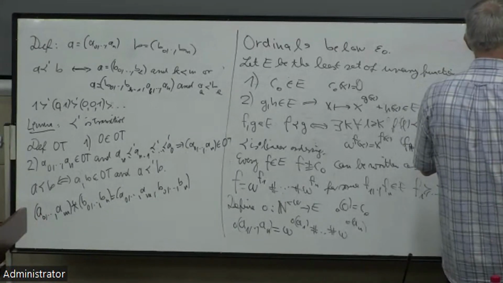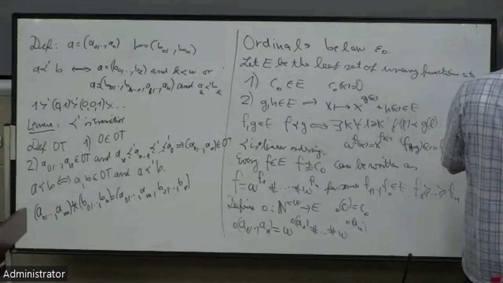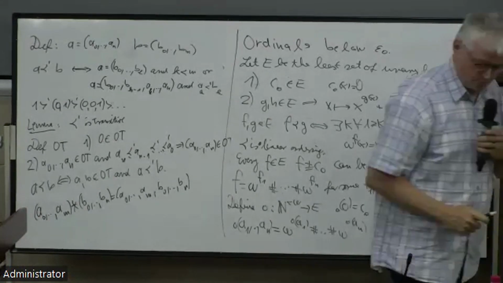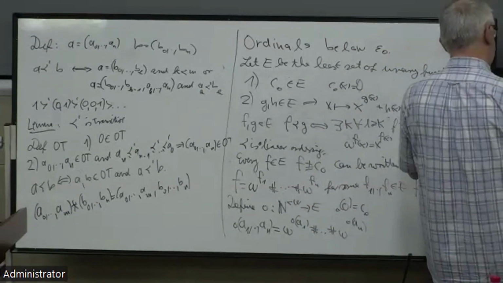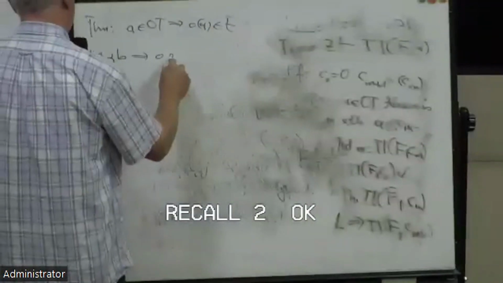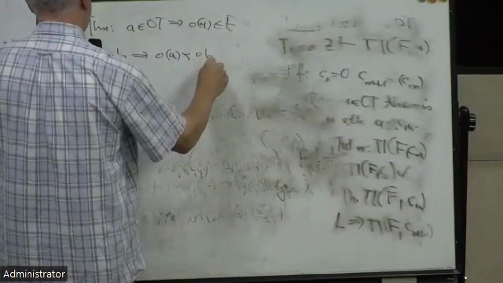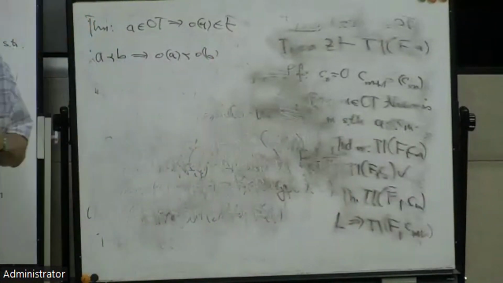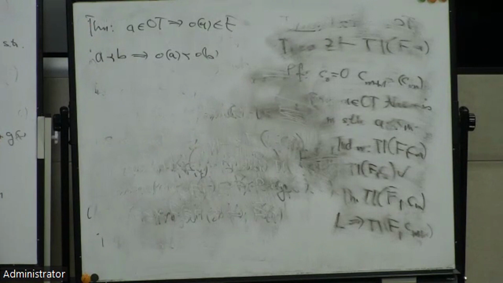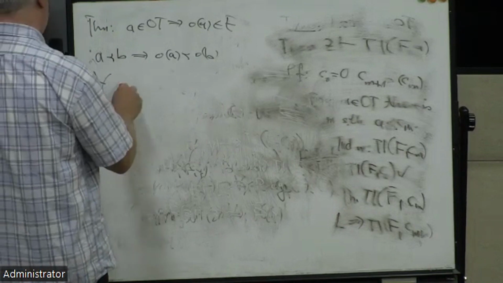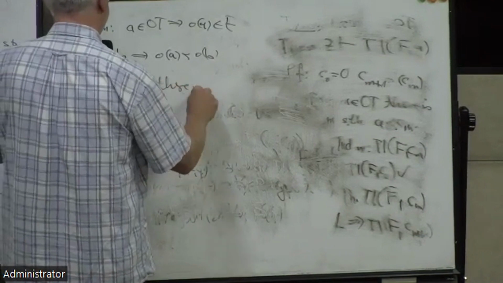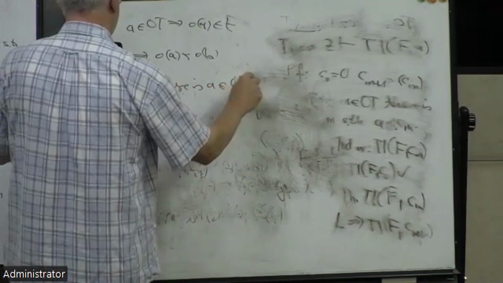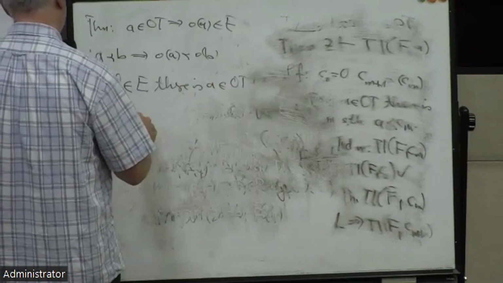If A is in OT, then clearly O of A is an element in E. One can show if one has this relation on the notation system, then one gets the following majorization for the functions in E. And finally, for every function in E, there is an A in OT such that O of A is equal to F.